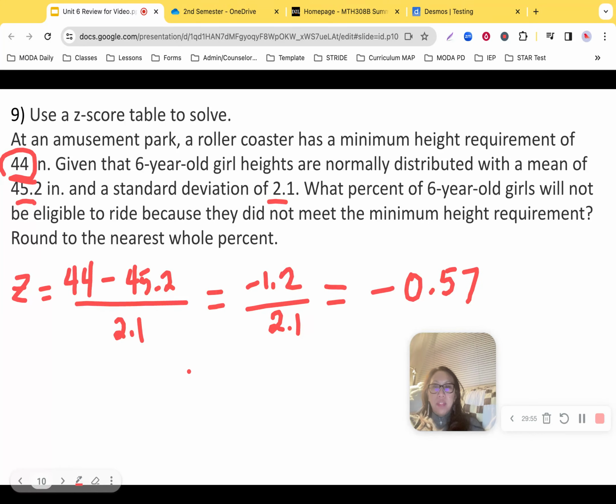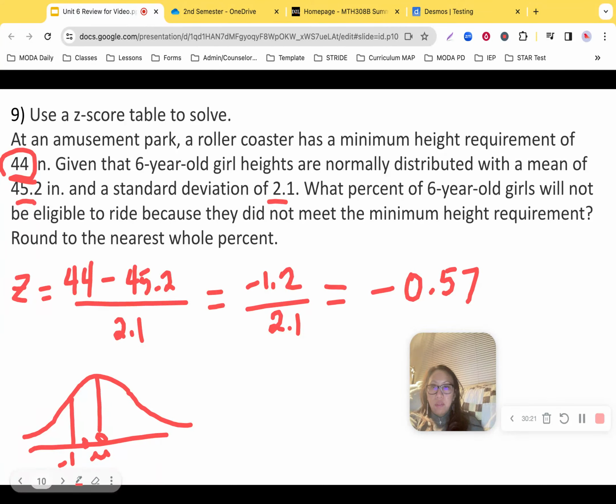If this is your normal distribution, I know that is below the mean. If this is your mean, which is a z-score of 0, and this is 1 standard deviation, which is a z-score of 1, negative 1, then your z-score of negative 0.57 is right here.